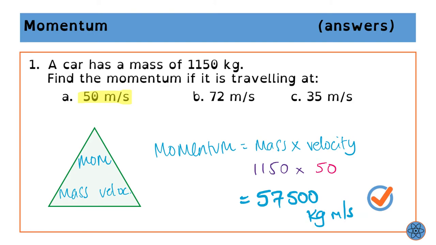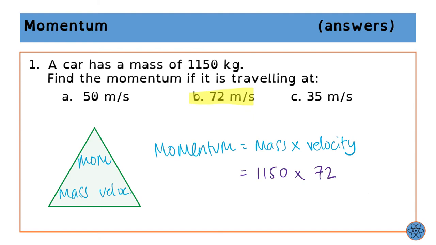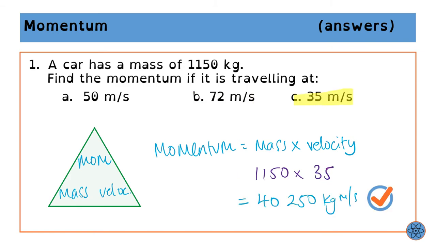And then using a calculator, we get 57,500 from multiplying those two numbers together. Part B is the same skill, apart from this time we're changing our velocity. So 1150 times 72, which then gives 82,800 kilogram meters per second. For part C, we've got 35 meters per second now, and that gives an answer of 40,250 kilogram meters per second.